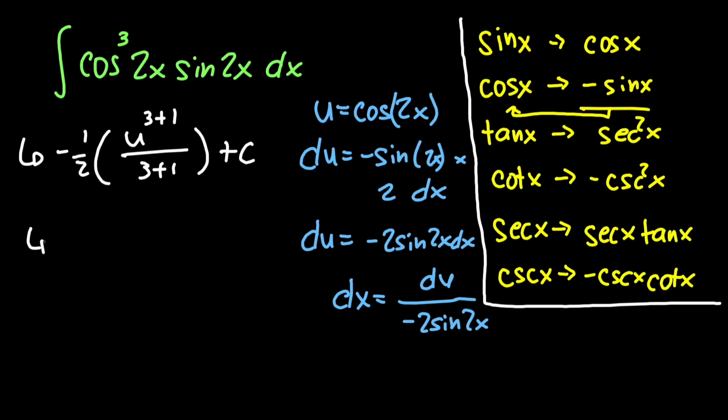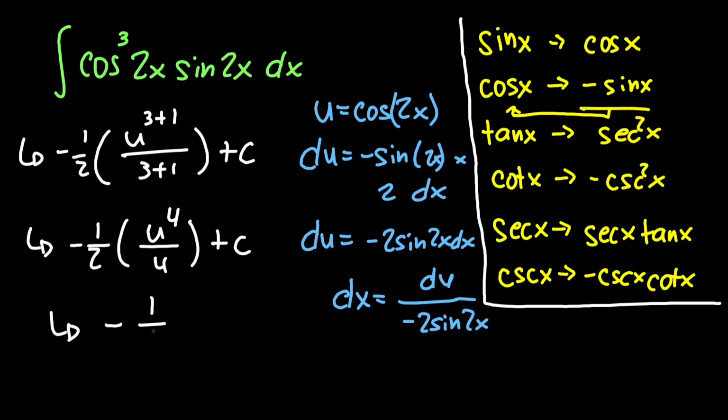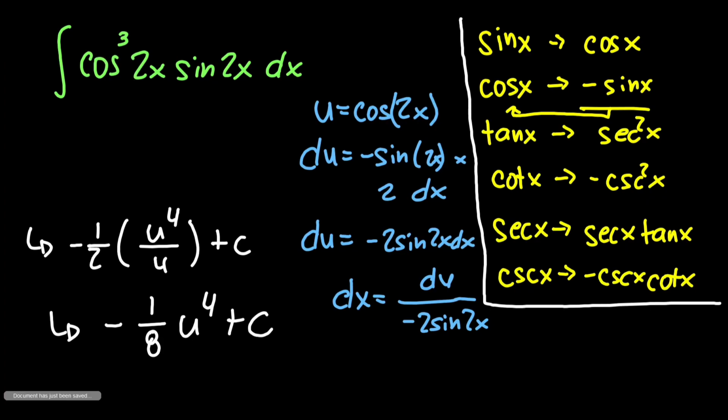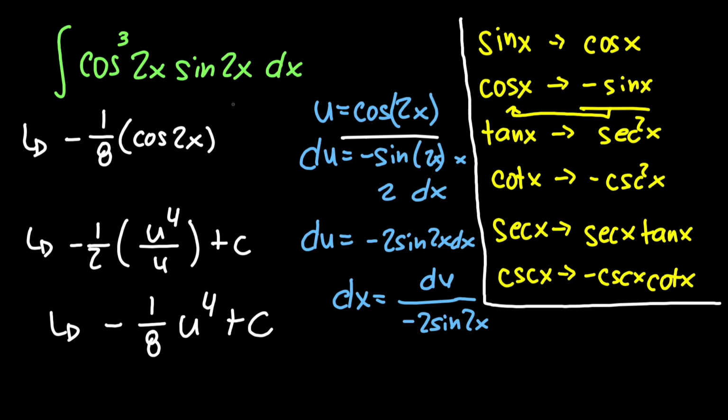And so this would be negative 1/2 multiplied by u to the power of 4 over 4 plus c. This would be negative 1/8 u to the power of 4 plus c. And so putting u back into its original form, the final answer would be negative 1/8 cosine of 2x to the power of 4 plus c.